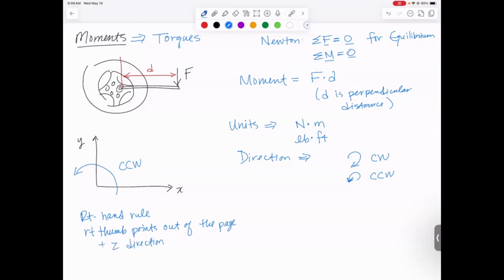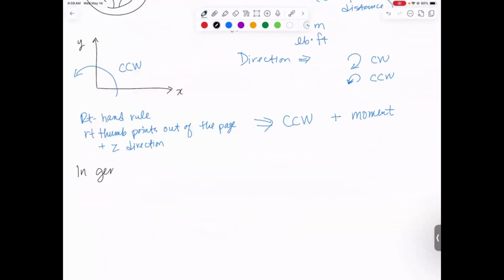So we're typically going to call counterclockwise a positive moment. Just like we usually call a force that acts in the positive X direction a positive force, this moment is rotating about the positive Z direction, sticking straight out of the page at us, so we're going to call that a positive moment.